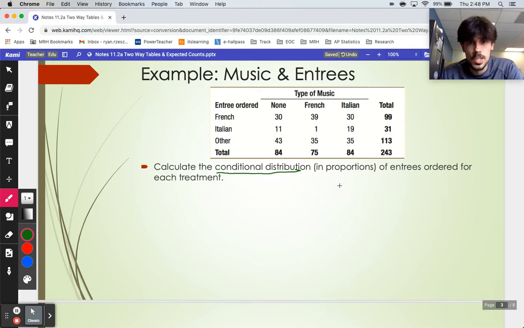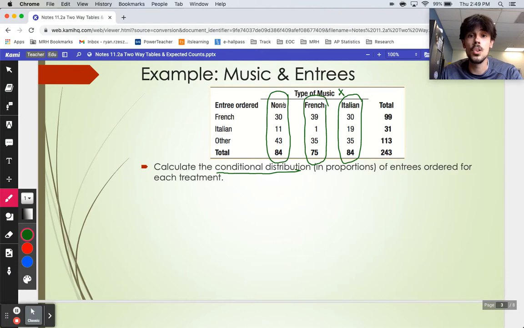The way this worked, again, just reminding you about really old stuff now: figure out your explanatory. The type of music is explanatory. You want to break your data up into piles based on levels or values for your explanatory. So these are the three different groups for my explanatory: no music, French music, Italian music.